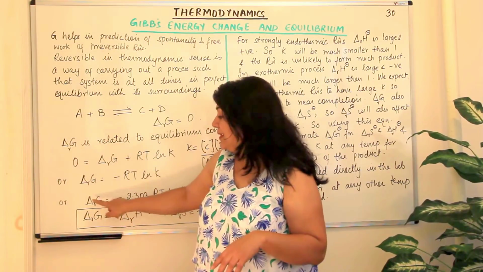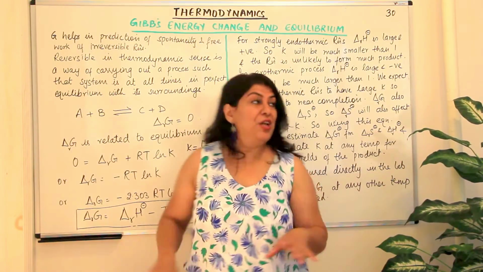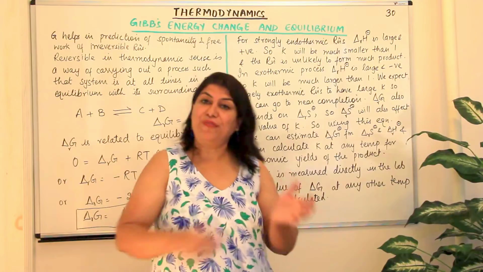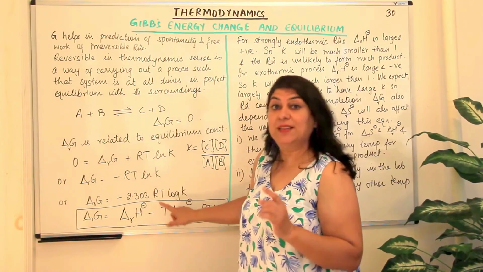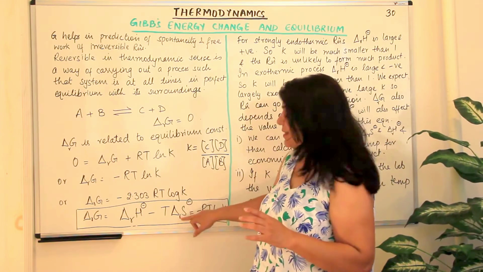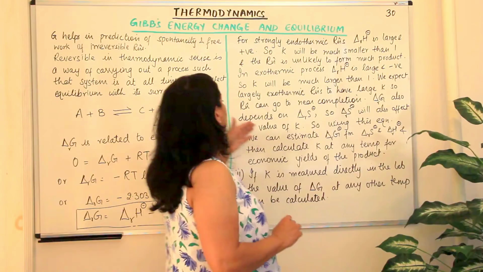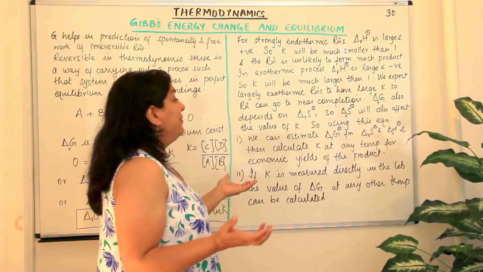We also know that delta G does not depend only on enthalpy, it depends on entropy too. So when you use the term of entropy and the value of entropy change, that would also affect the value of K. But this study is beyond the scope of your book right now.